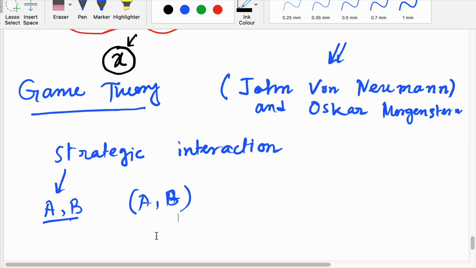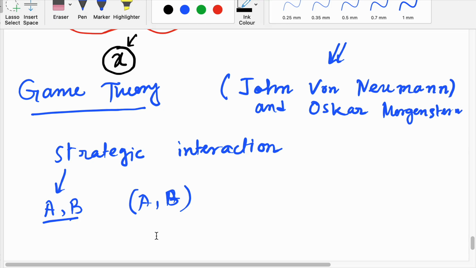It also depends on what action the other individual I am interacting with is choosing. As an example, suppose I am teaching a course and a student is learning from it.